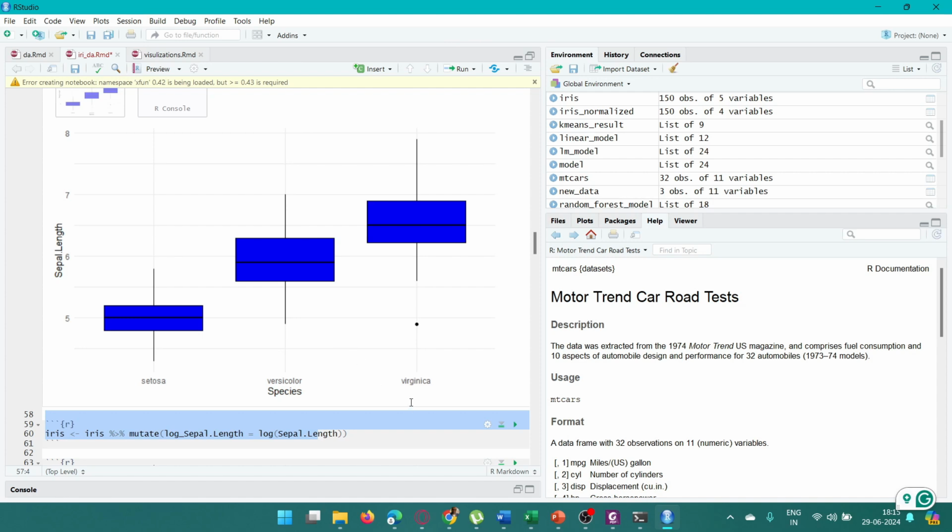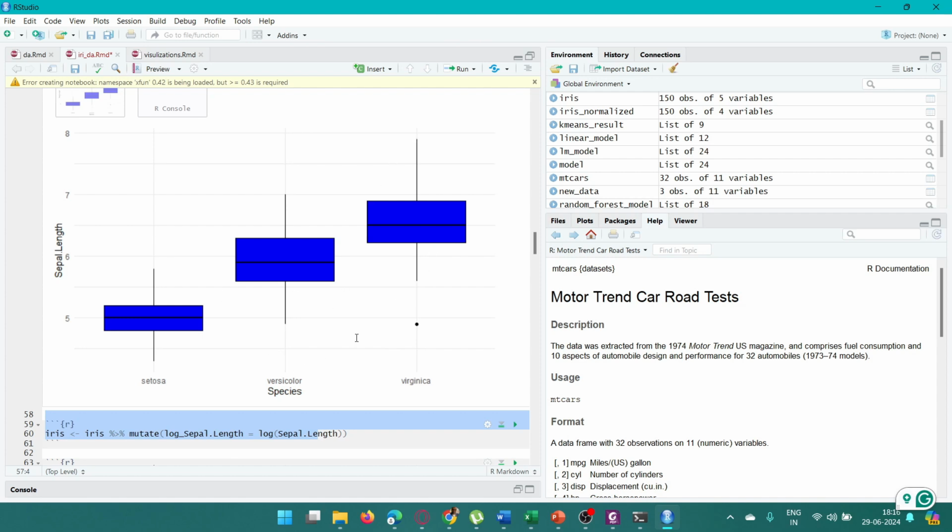Similarly, for Virginica, the minimal sepal length is nearly the first quartile of the versicolor category, the median value of the sepal length is nearly the maximum length of versicolor, and the maximum length of the Virginica species is around 8, that is 7.8.